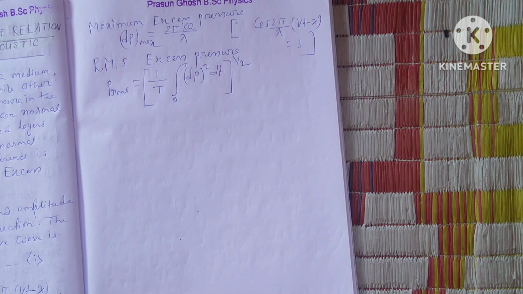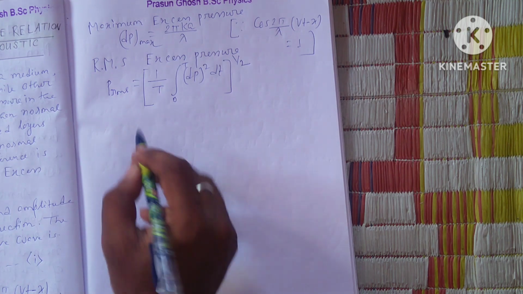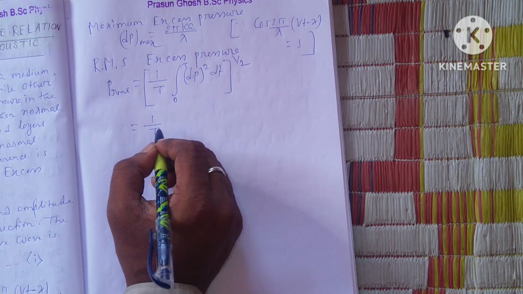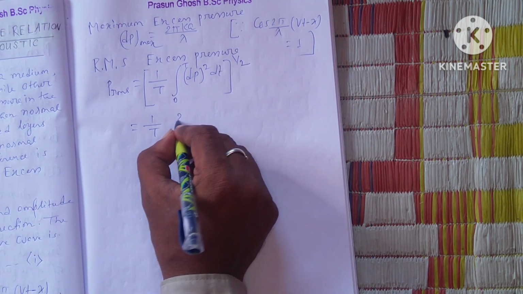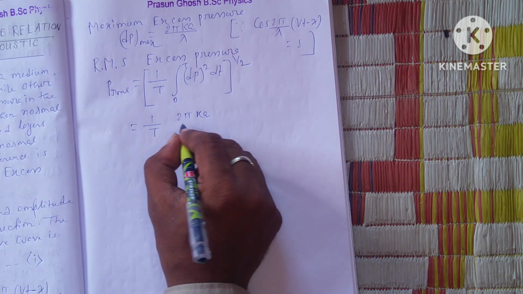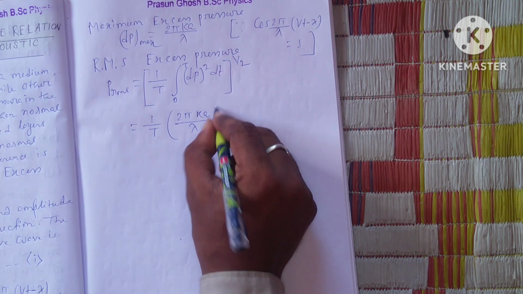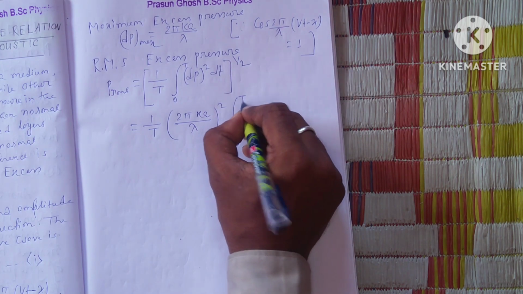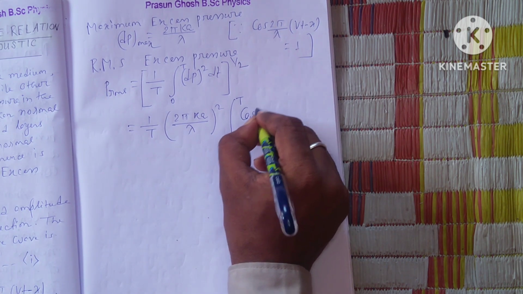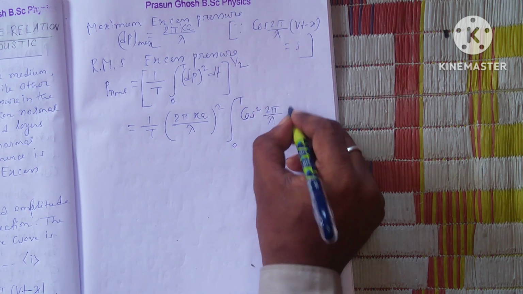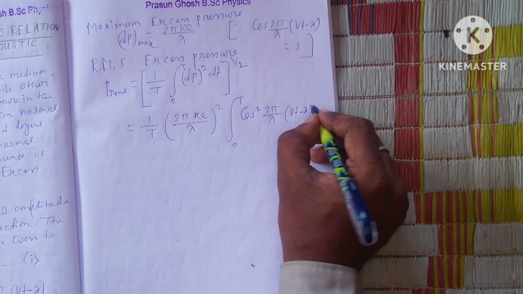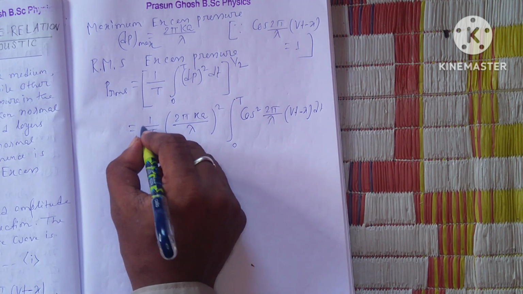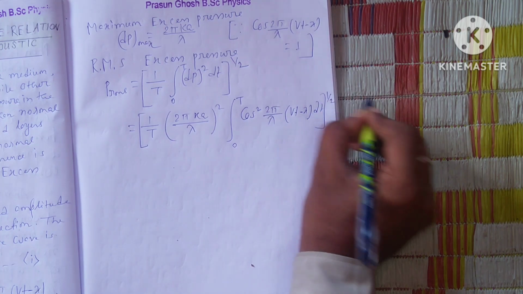This is the relation of P RMS. Now we can write 1 by T, 2 pi kA by lambda, the whole square, integration 0 to T, cos square 2 pi by lambda (Vt minus x) dt, to the power half.